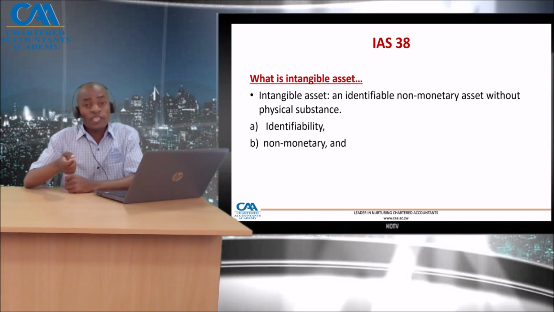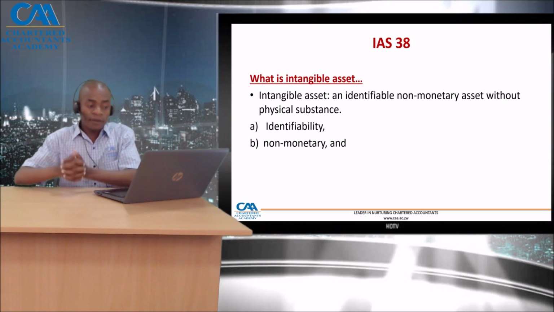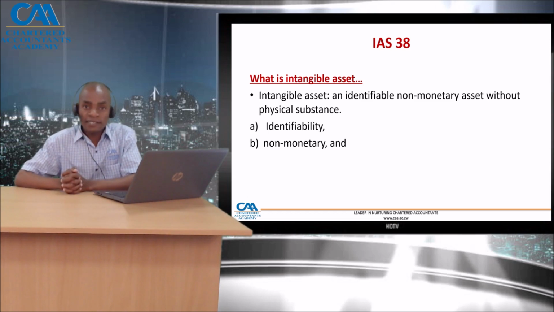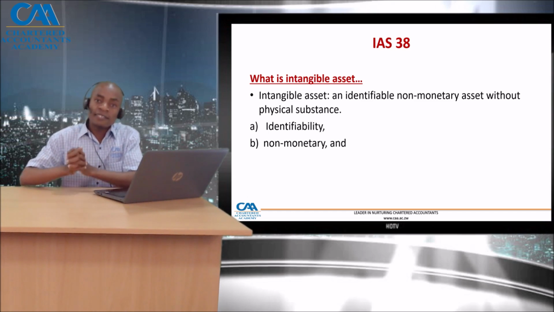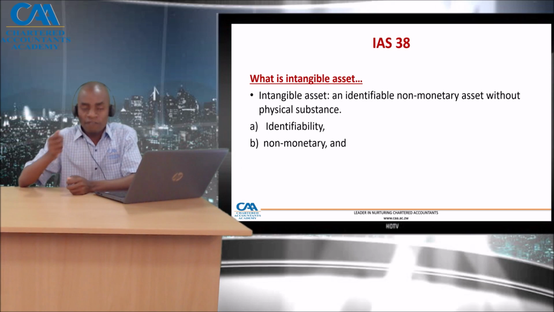The asset must also not be a monetary asset. Any asset is regarded as non-monetary if it is not money, or the entity does not expect to receive a fixed amount of money from that asset.